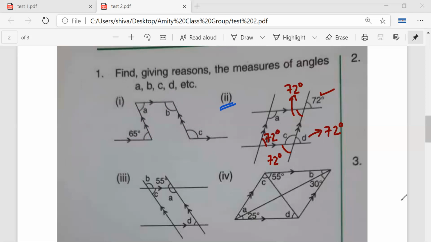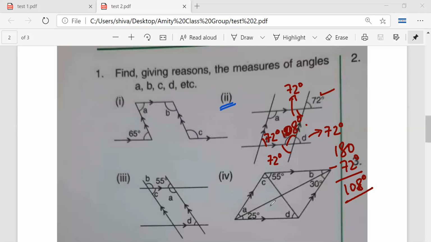No, sir. Mr. Sarthak, next, what will be C? So C will be 108 degrees. 180 minus 72 degree is equal to 108 degree. Any doubt, Mr. Satya? No.